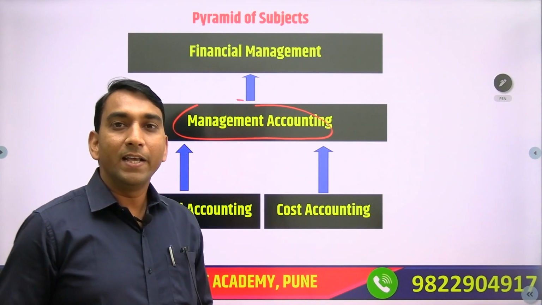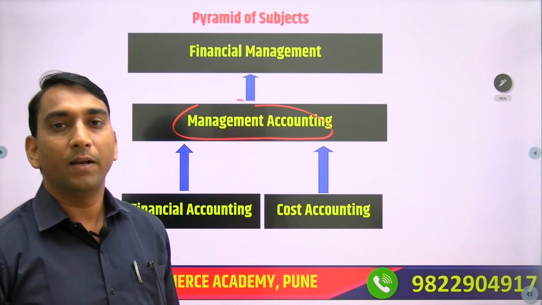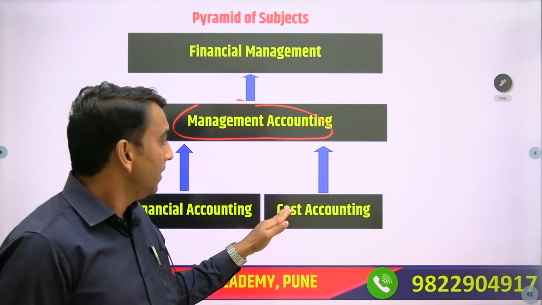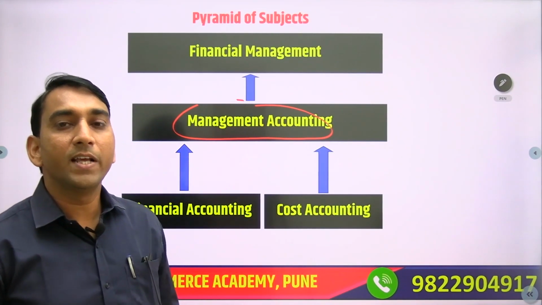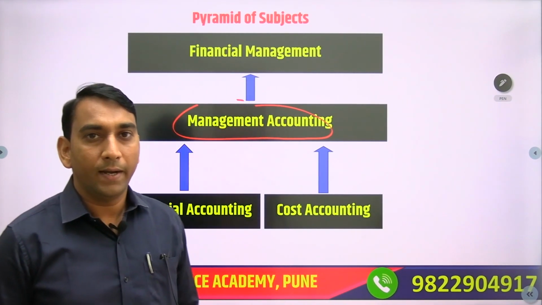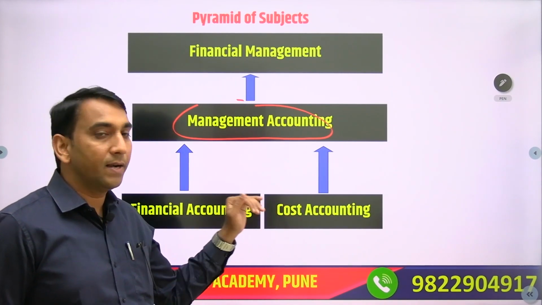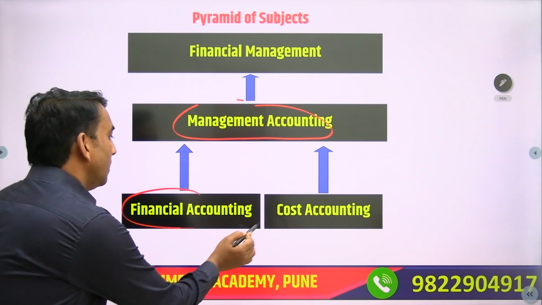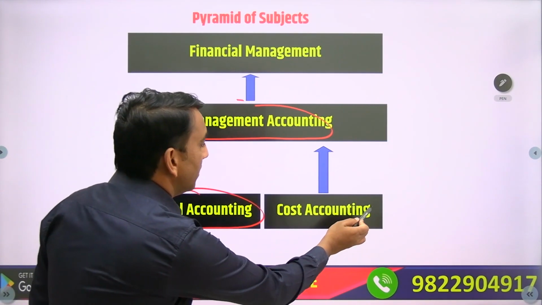Financial accounting deals with the preparation of financial statement, right? We are going to discuss what are the financial statement. Then cost accounting deals with the preparation of cost statement, like you have cost sheet, right? So various statements are prepared under the cost accounting. Then these two are the data providing agency actually.